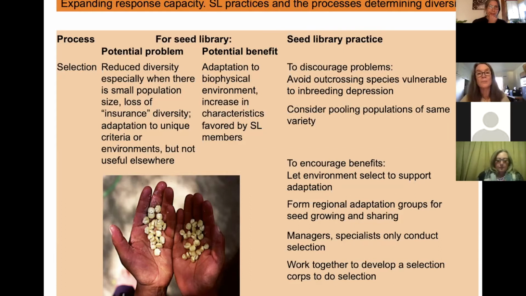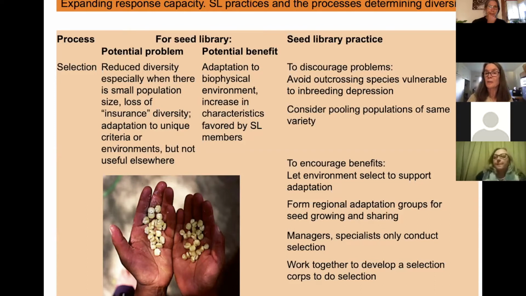So potential benefits from selection are adaptation to the biophysical environment, and also to characteristics that members of the community are interested in. Discouraging the problems that selection can create are things that a number of seed libraries are very good at.